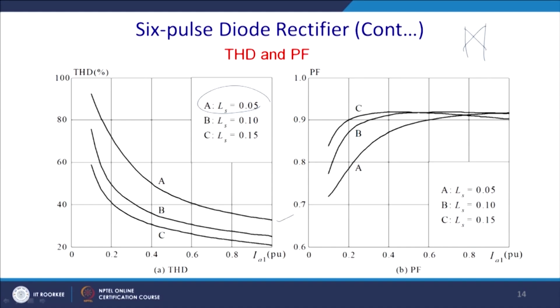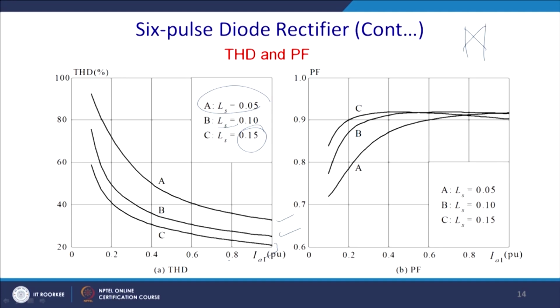So, this is the curve while increasing the load, and this is a curve for Ls equal to 0.1 for increasing load. Having a quite considerable amount of source inductance, you can see that the THD comes out to be close to 5% here, which is quite acceptable.